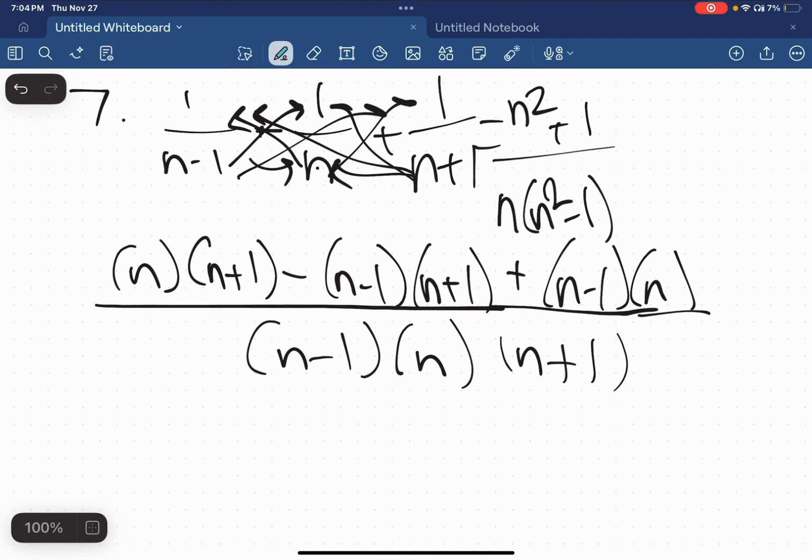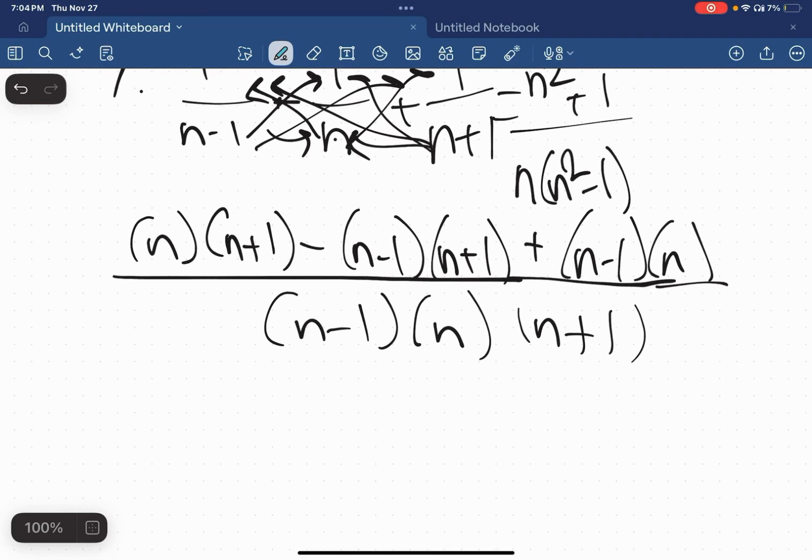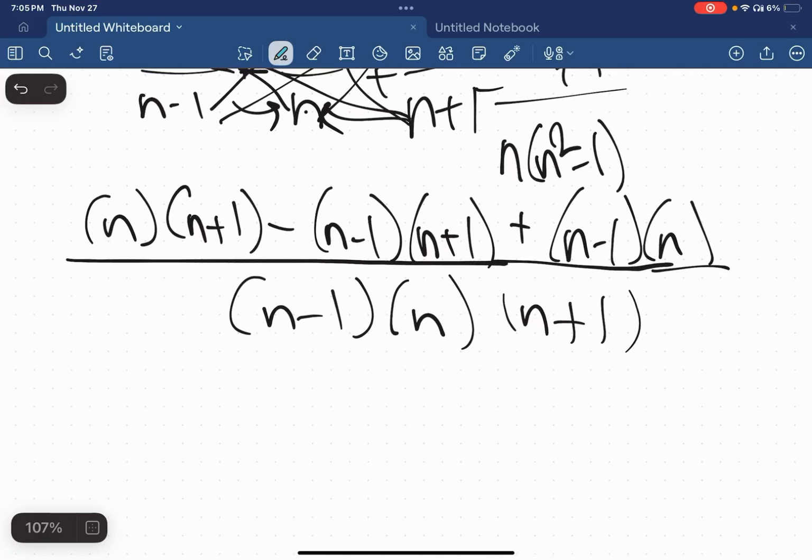I think at the end we'll end up canceling everything. Okay. Looks like we can just simplify everything. It's probably the easiest way. So we end up getting n squared plus n minus, if you remember our rules, this is equal to n squared minus 1 squared.